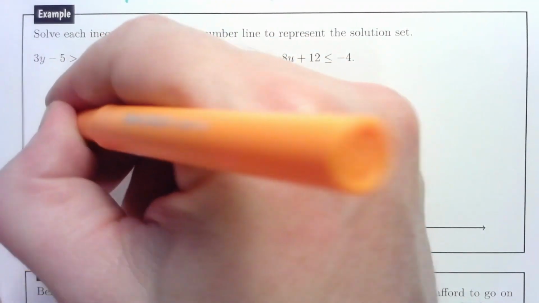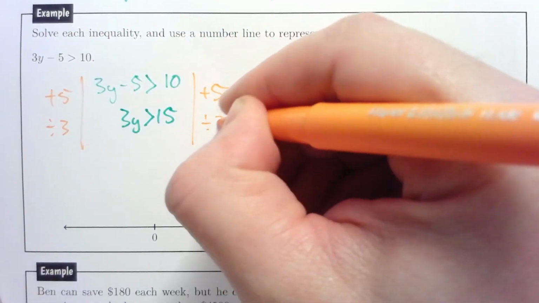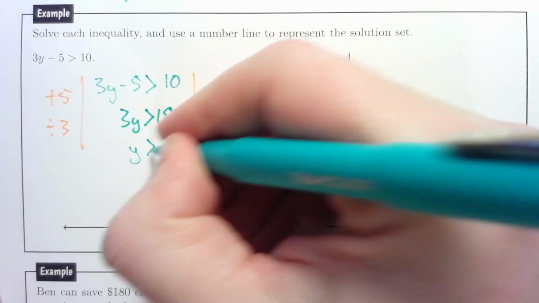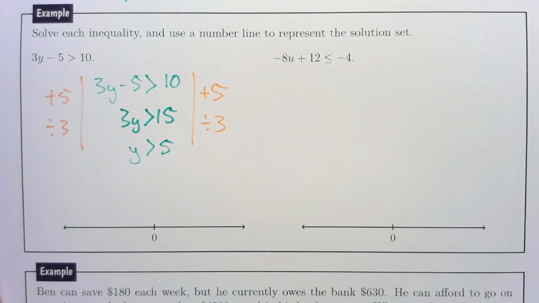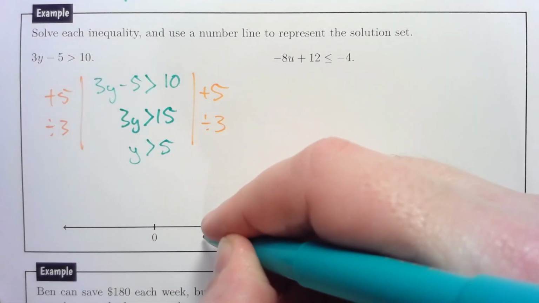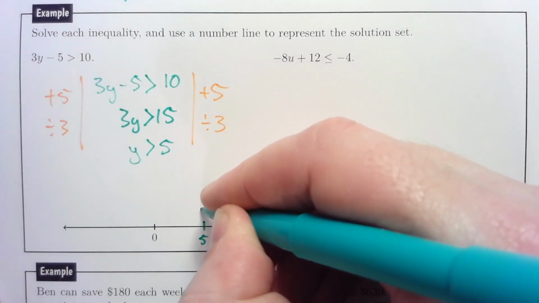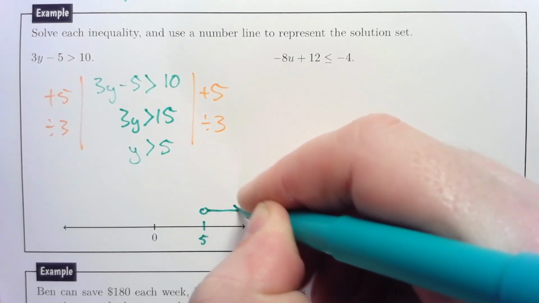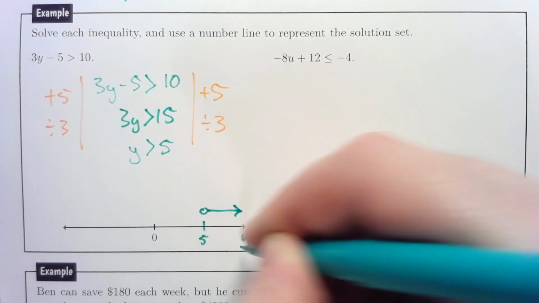Then we can divide both sides by 3 and get y is greater than 5. So if we want to graph this, our boundary will be at 5. It will be an open point, and our arrow goes to the right.